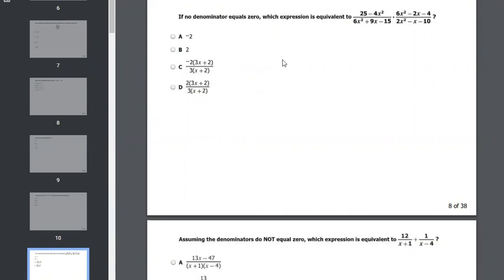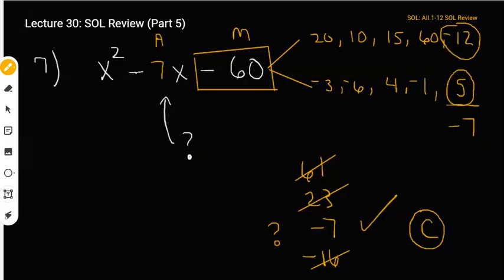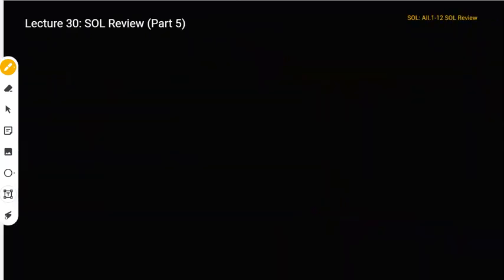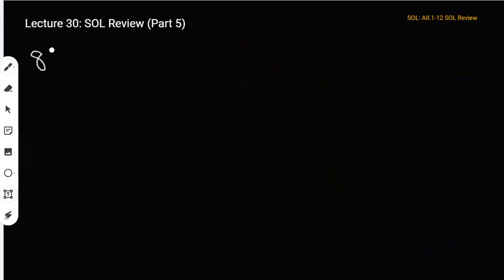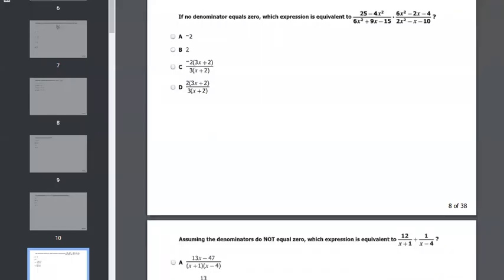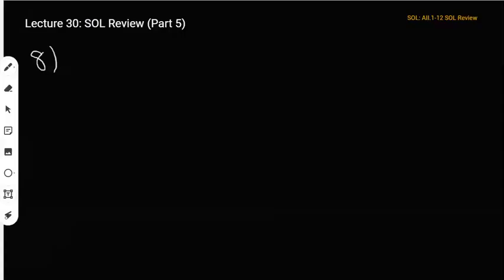Okay, let's look at 8. So 8 gives us a fraction times a fraction. We got 25 minus 4x squared. We're going to be able to factor that eventually.